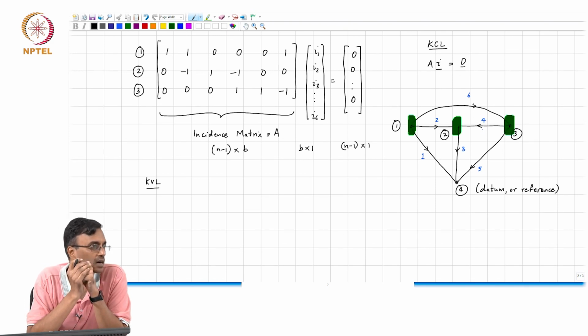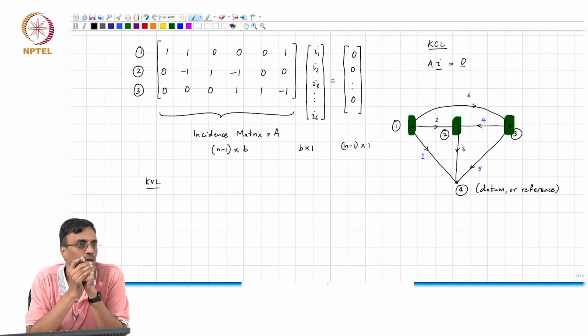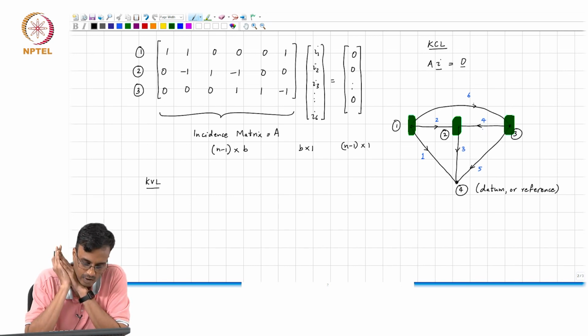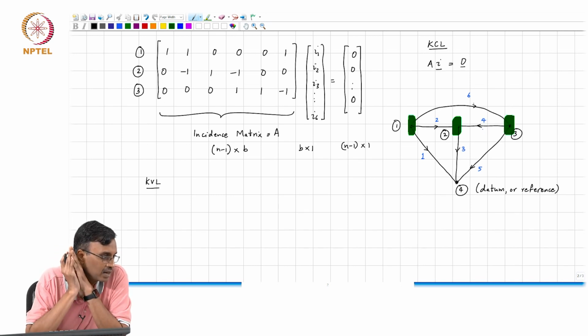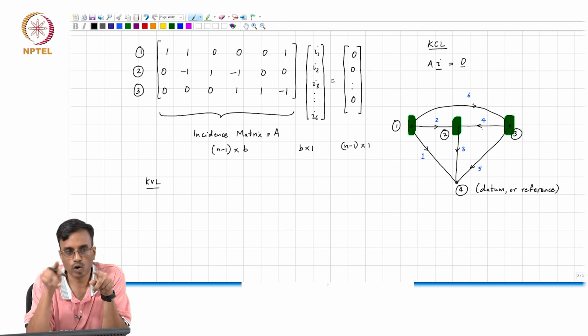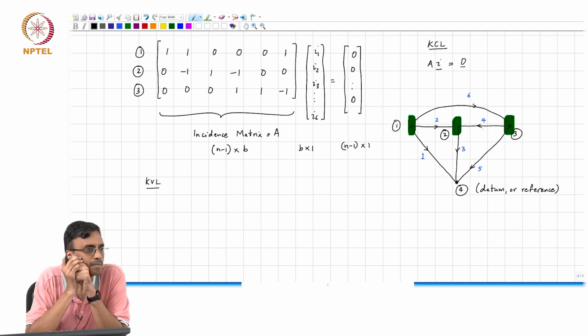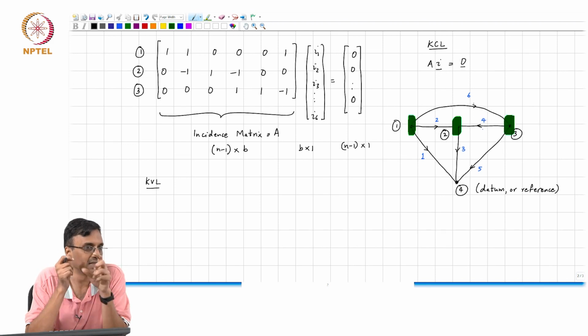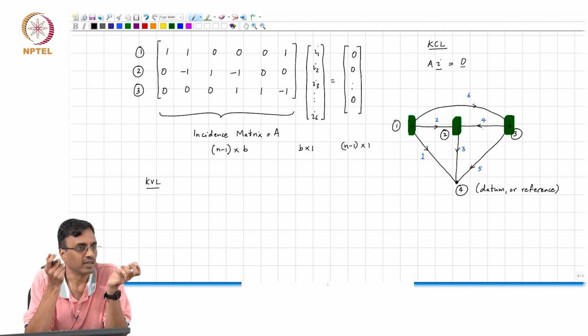What is Kirchhoff's voltage law? Well, you can think of it in many ways. One way is the familiar way of thinking about it: if you go around a loop, then the sum total of all the voltage drops you see across the branches in that particular loop is 0.